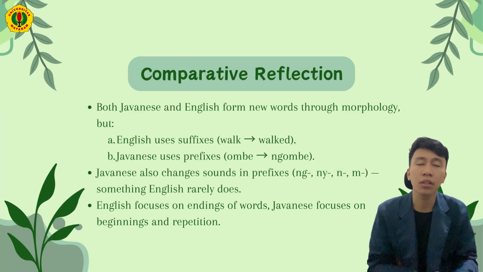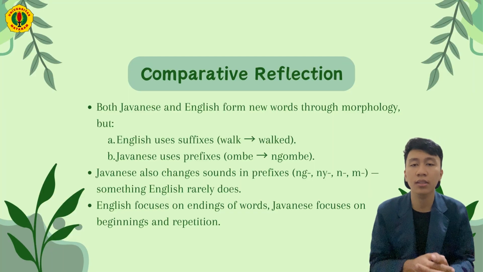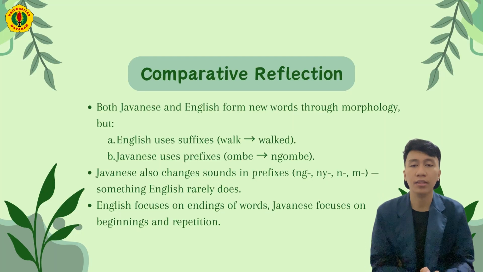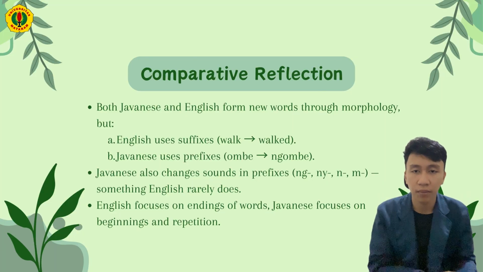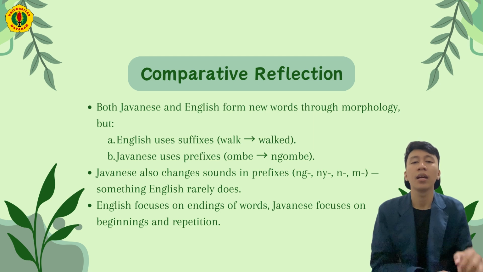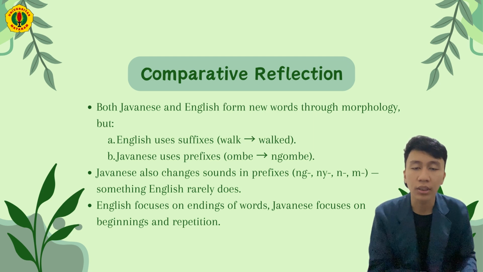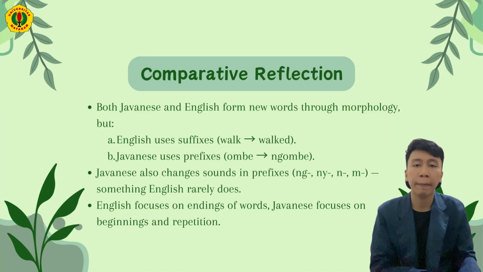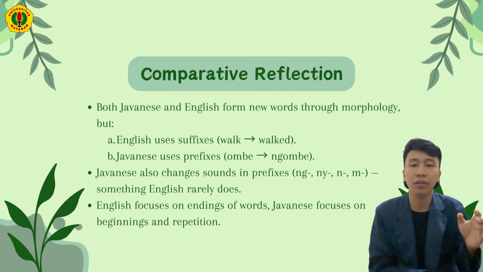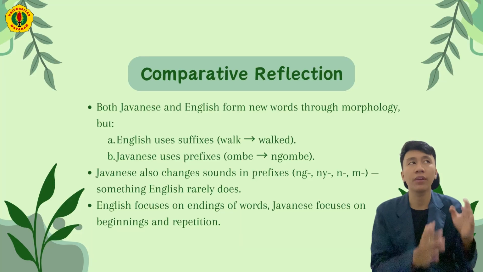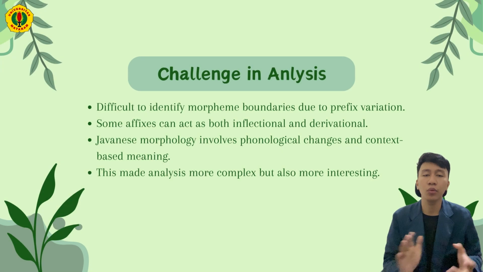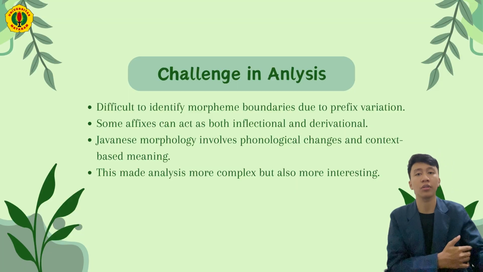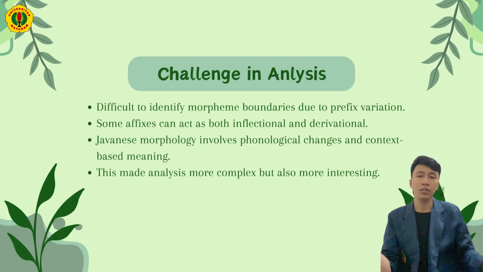This comparison highlights how each language has its own logic and structure, and how morphology reflects the culture and sound patterns of its speakers. While doing this analysis, I encountered several challenges.